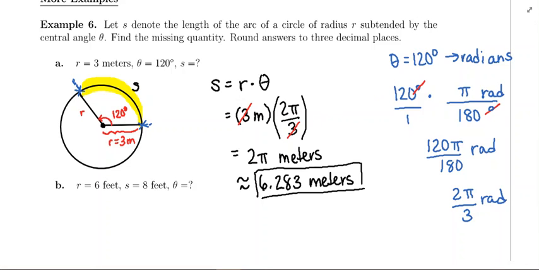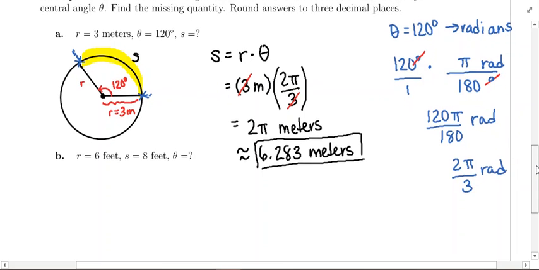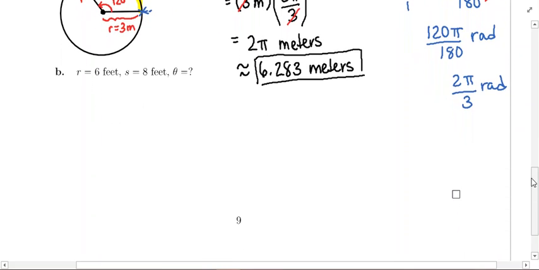All right, in part B, if we move on to that, this time we are going to be calculating the central angle theta. What we know about our circle in part B is that the radius is 6 feet and the arc length is 8 feet, and we're trying to calculate theta.